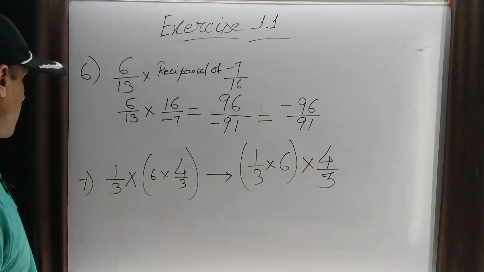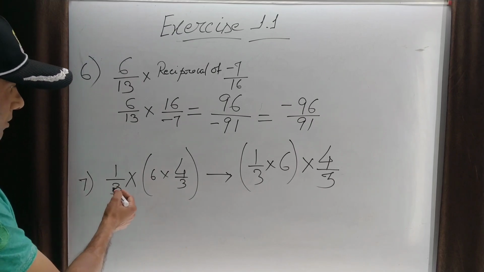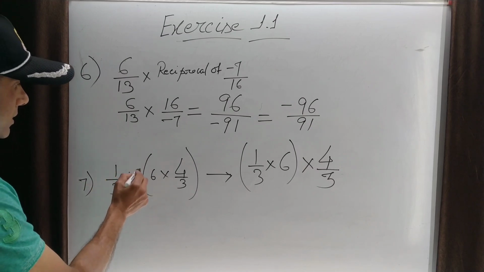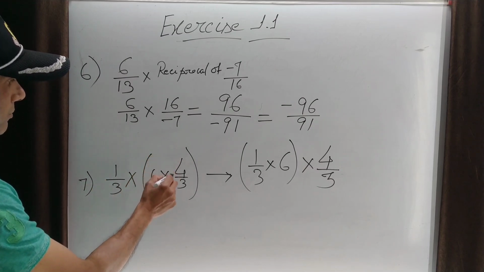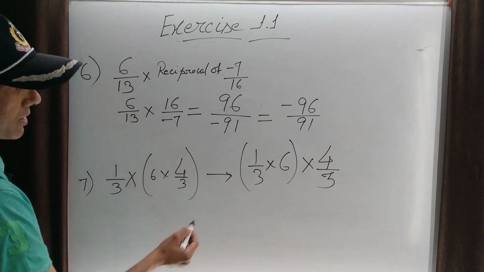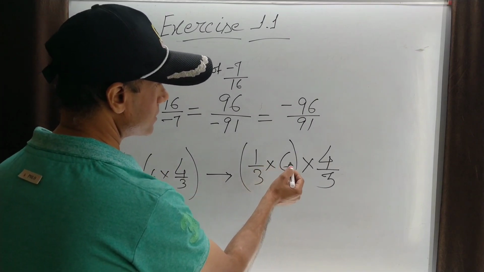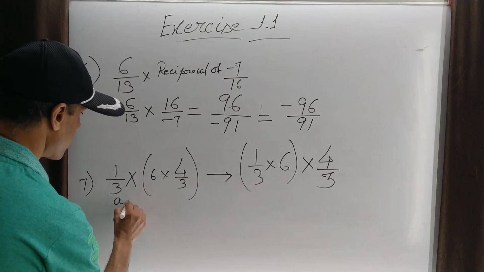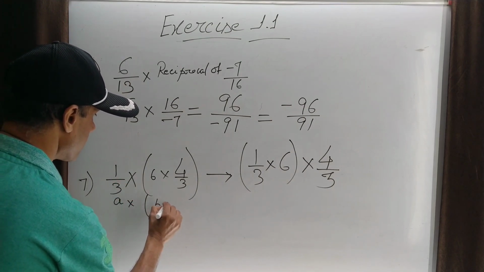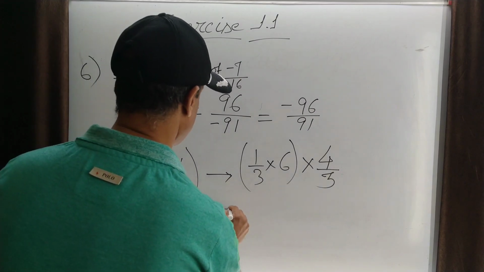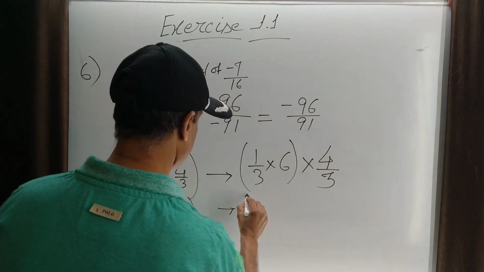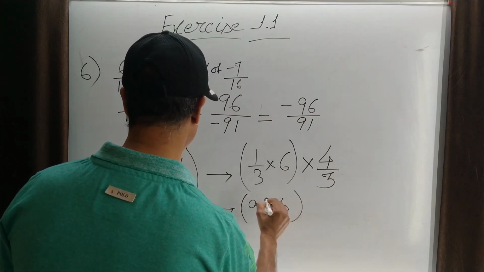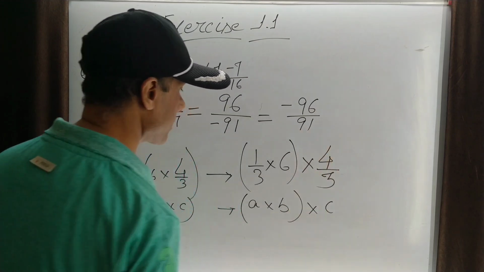Correct? Now the question is, what is this property where 1 by 3 multiplied by 6 into 4 by 3 can also be written as 1 by 3 into 6, into 4 by 3. Let's take this to be a rational number A multiplied by B into C. This becomes A multiplied by B multiplied by C, right?